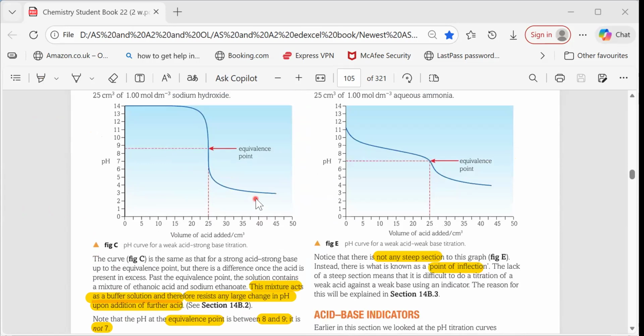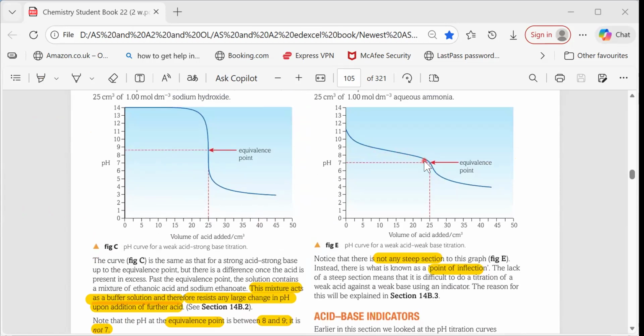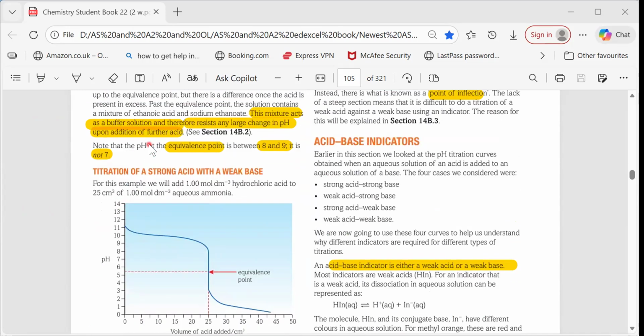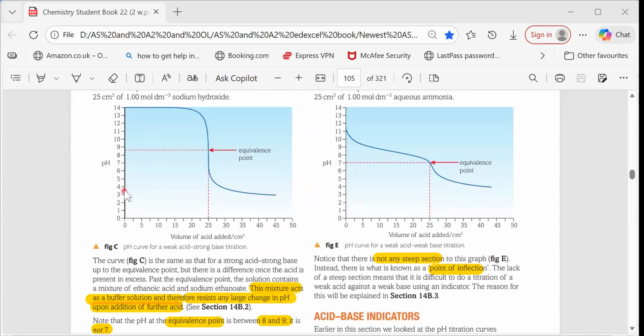Understand? Of course, if we have a weak acid titrated with a weak base, we don't show any vertical lines. You see, I forgot to tell you here also, you see that the curve, we started with the weak base. There will be a drop in pH before we reach the buffer region. As we did in the acid, there was a jump. As I told you here, there is a jump before the gradual change.